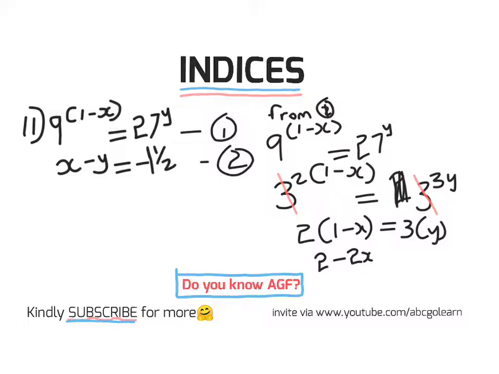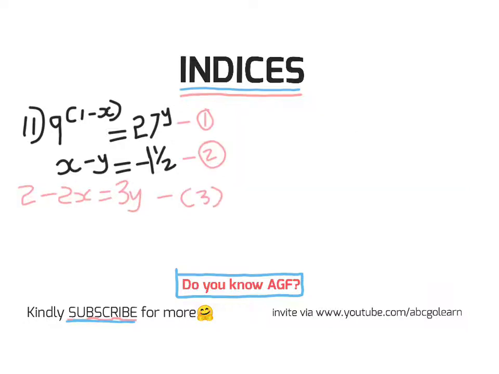That's what you get when you multiply this 2 with 1, and multiply that 2 also with x, equals 3y. So I will tag this equation 3. Now let's rewrite equation 3 here. It will be 2 minus 2x, that will give us 3y.